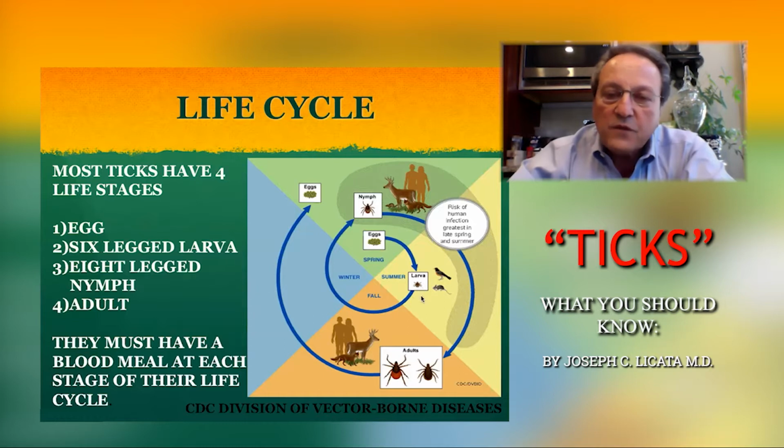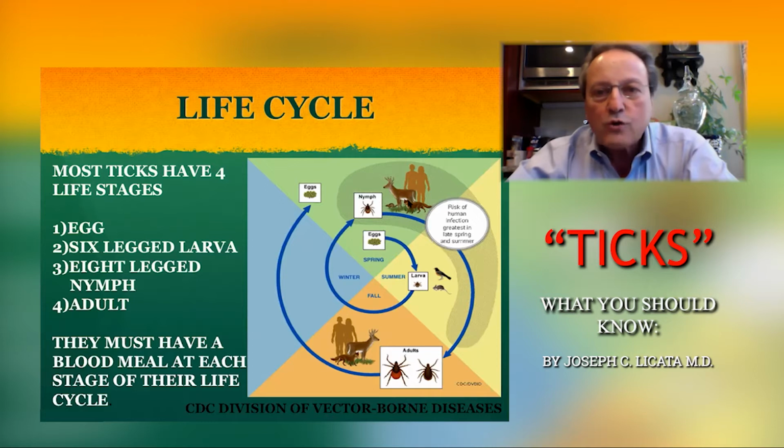And once they feed, they molt into the nymph, which is an 8-legged organism. And then they feed again on larger animals, sometimes humans, and this is when the risk of infection is actually greatest for humans being bitten by a nymph.